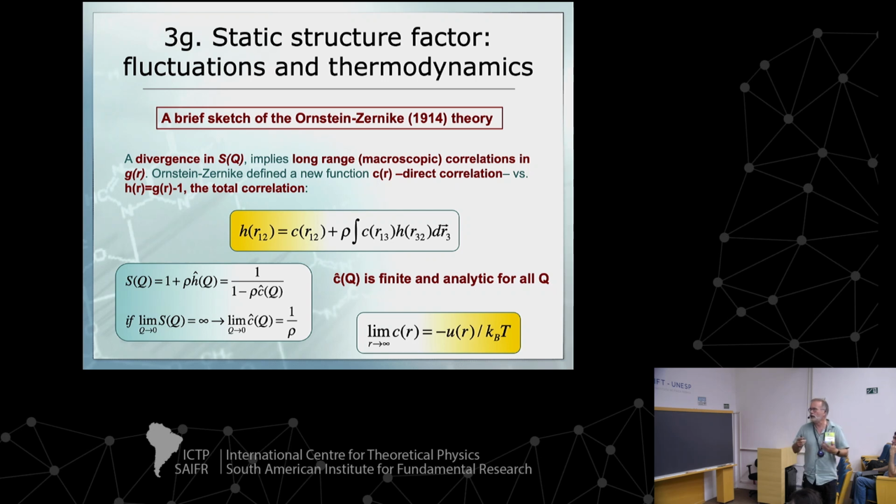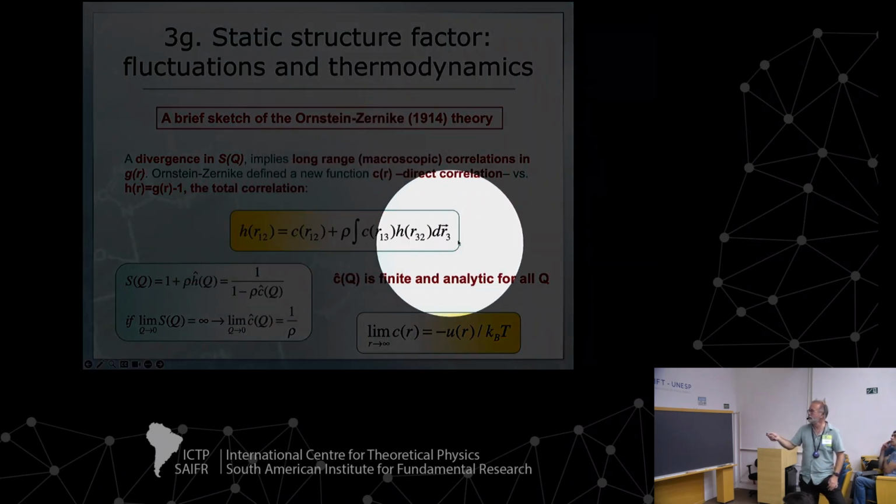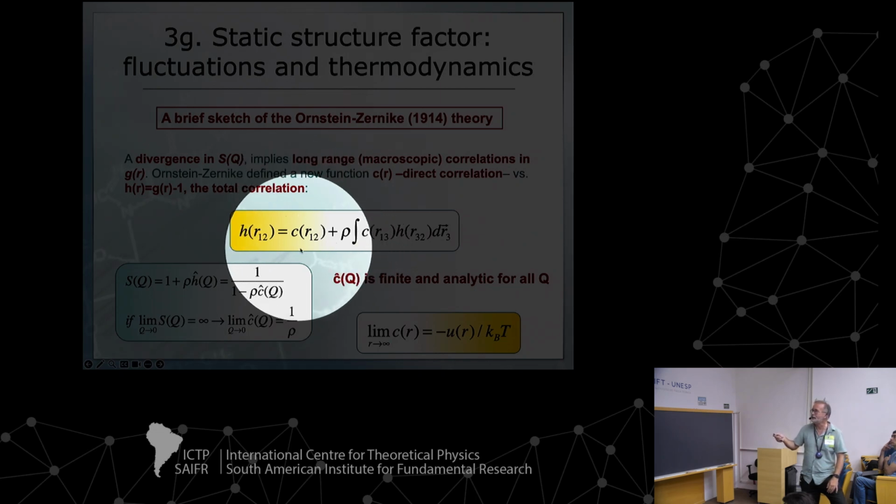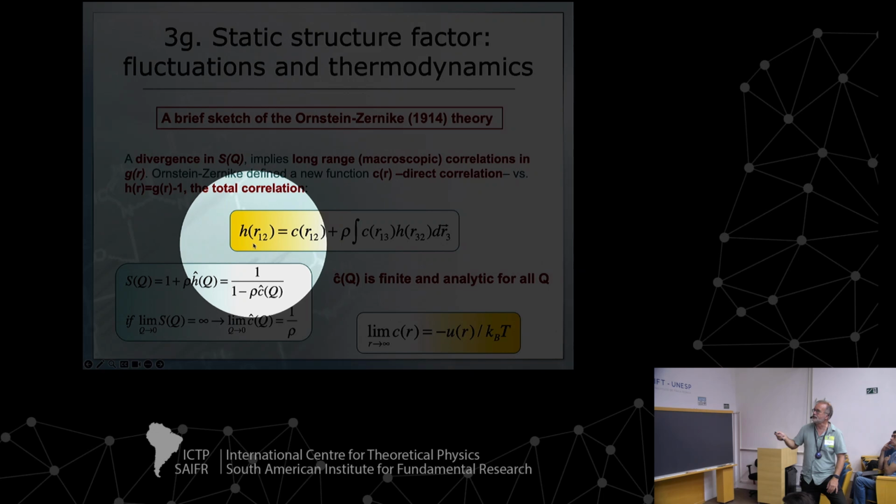So they decided, okay, let's look for a function that reflects the structure but is not divergent at the critical point. And they proposed this equation that is nothing but a definition. This is the equation that defines the direct correlation function, the C, which is a convolution.